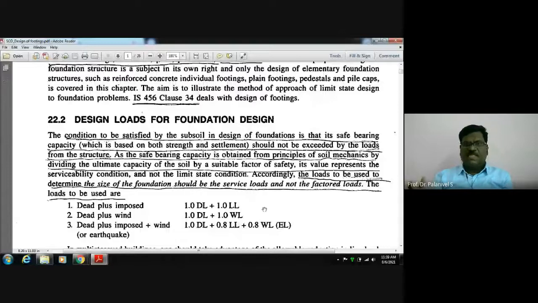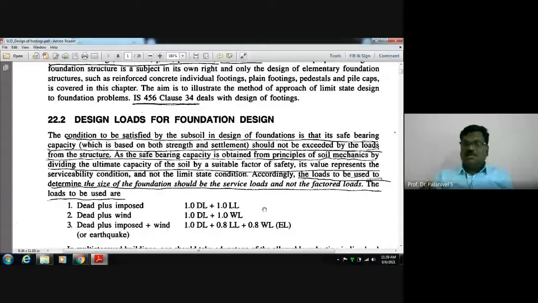You take the ultimate bearing capacity of any soil, and a suitable factor of safety gives you the safe bearing capacity. One important thing here: this value represents the serviceability condition, and not the limit state condition.